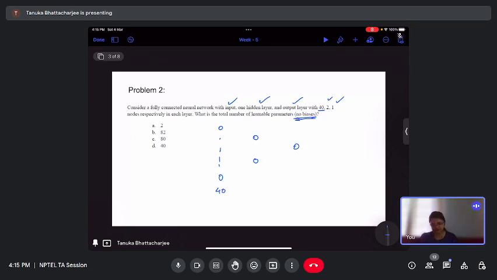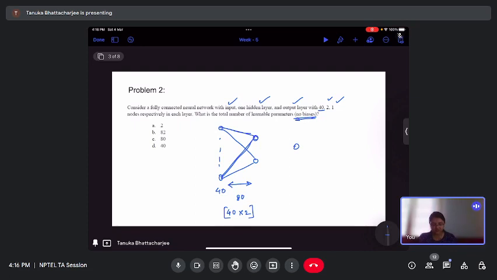So, here all these 40 neurons are connected to all of these 2 neurons. So, for each of these 2 neurons there are 40 weights involved. So, for 2 of them 80 weights are involved. So, for the first layer you have 80 weights, and what will be the dimension of the weight matrix here? 40 cross 2 will be the dimension of the weight matrix, and you have total 80 parameters.